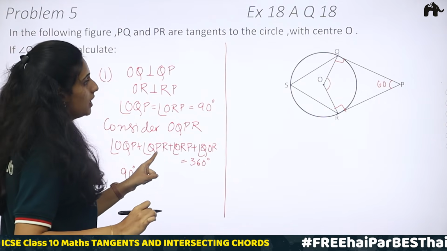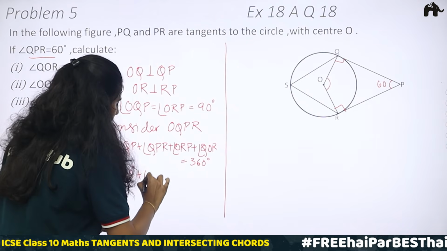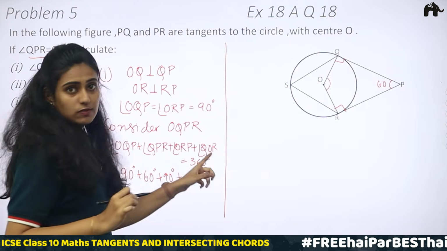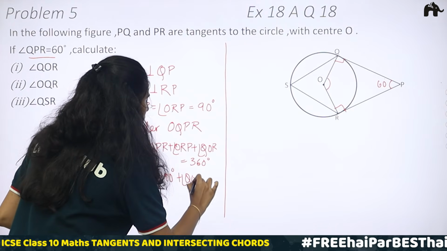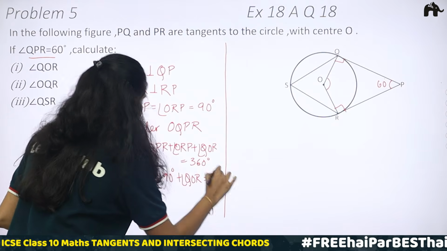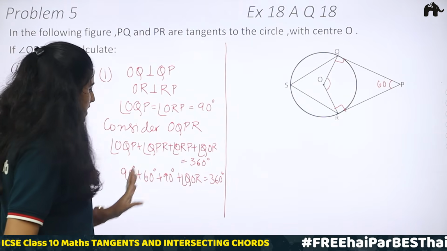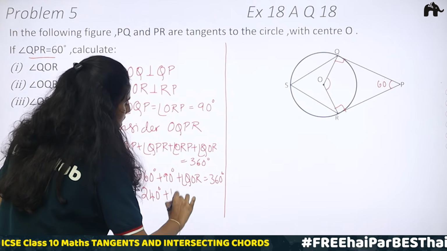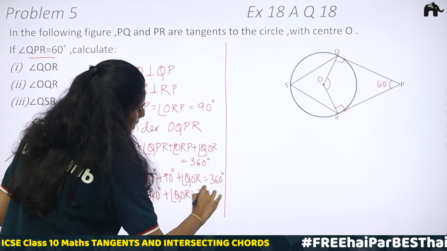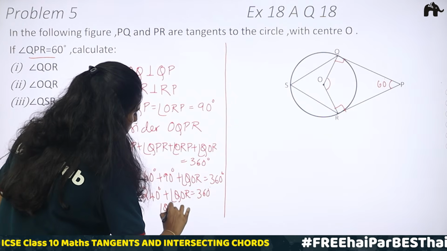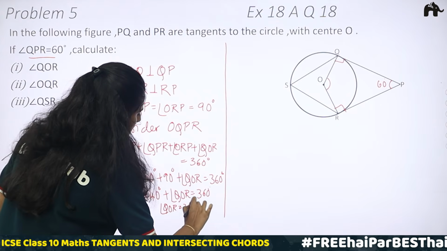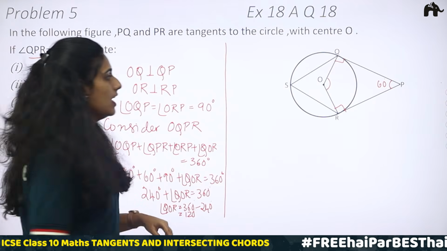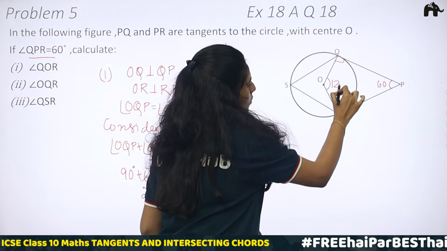Then QPR is given, that is 60 degrees, plus ORP is 90 degrees, plus what we have to find, that is QOR, will be equal to 360 degrees. 90 plus 90, 180, 180 plus 60, 240. 240 degrees plus QOR is equal to 360 degrees, which means angle QOR equals 360 degrees minus 240 degrees, and that is equal to 120 degrees. Okay, this angle QOR is 120 degrees.